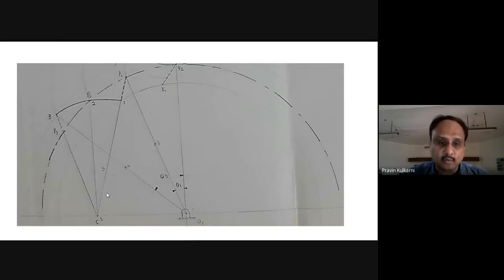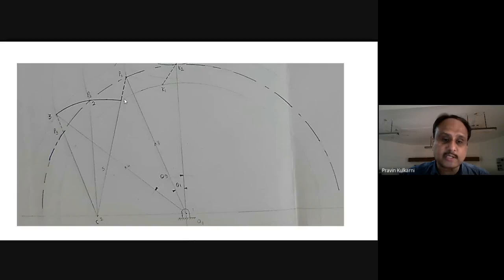Now join center C and point 1 with a faint line and extend up to the pitch circle. That will be point P1. Join center C and point number 2 with a faint line. Join center C with point number 3.